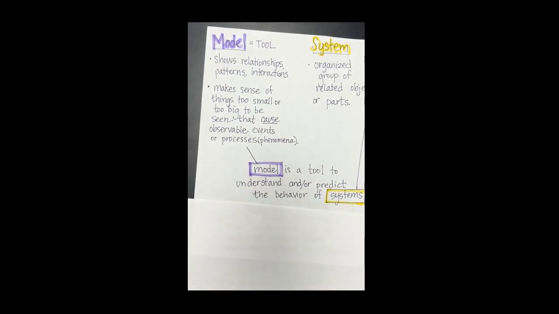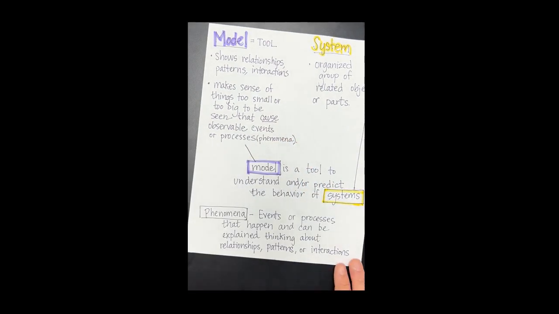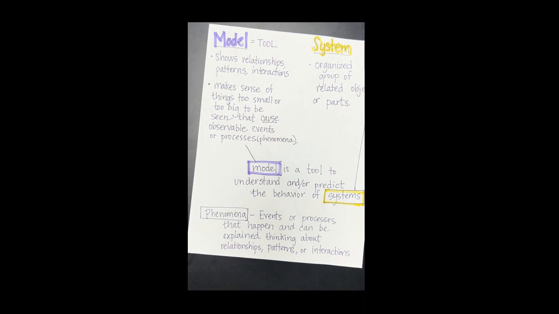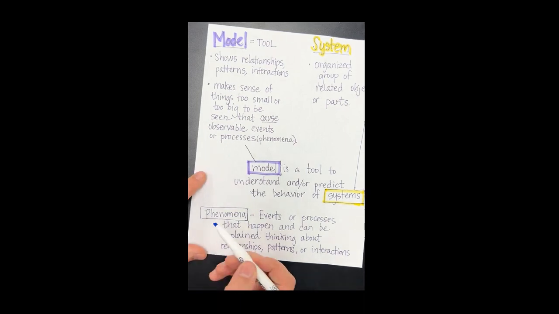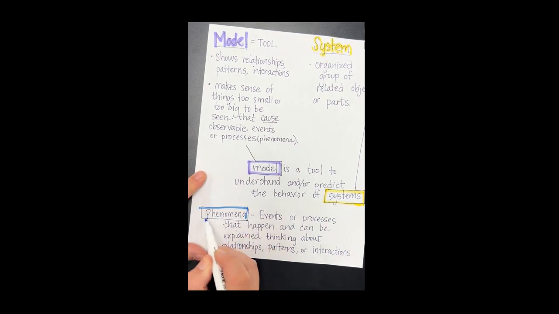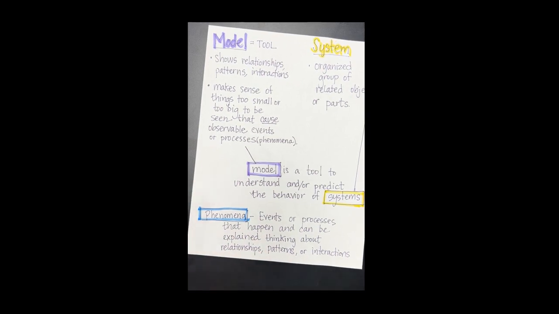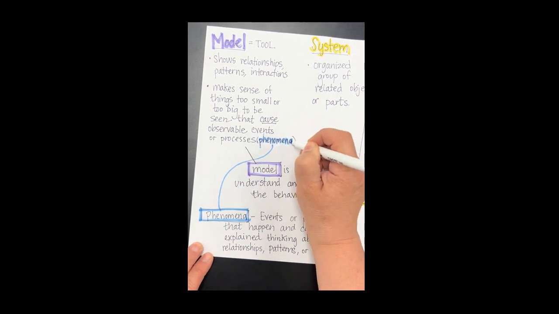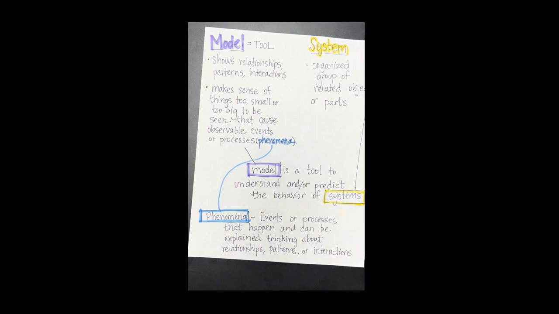And these systems that are modeled help us explain a phenomenon, or again, these observable events or processes. So a phenomena is an event or process that happens that can be explained thinking about relationships, patterns, and interactions. So this kind of gives us an idea about how all of these different things are related.